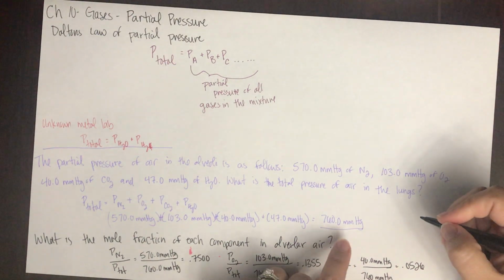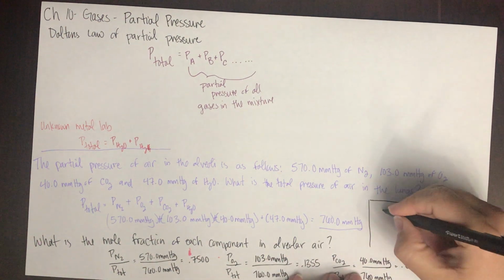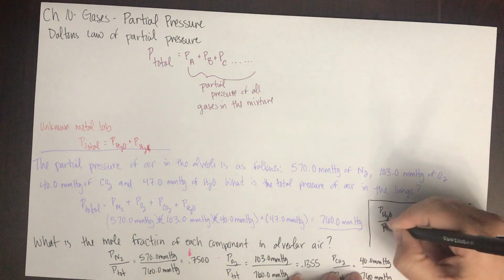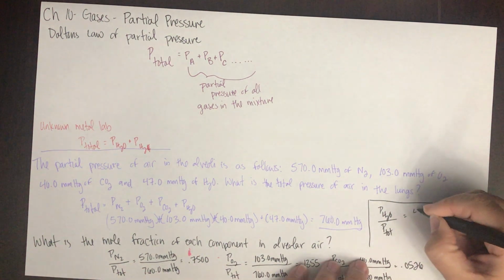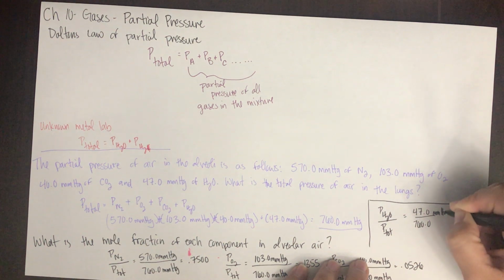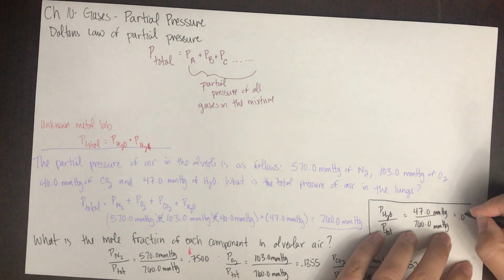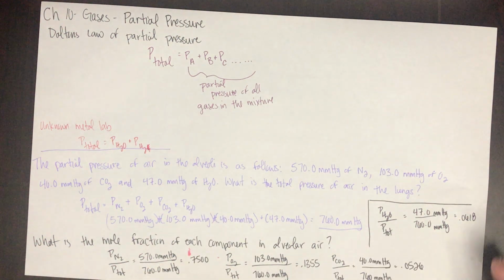And then up here, let's look at water vapor. About 6% water vapor. So when you know the total pressure, you can determine the mole fraction of each part in the total gas mixture if this is something that you are being asked to do on your homework.